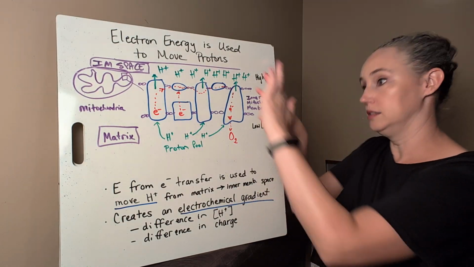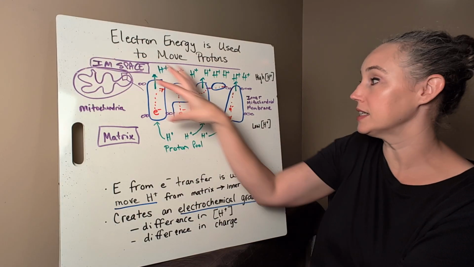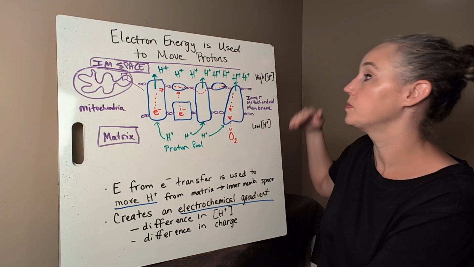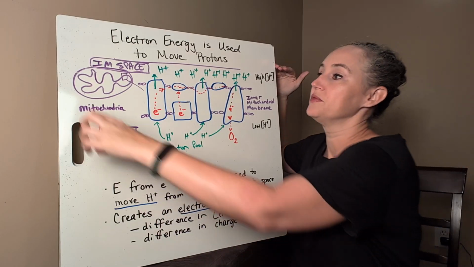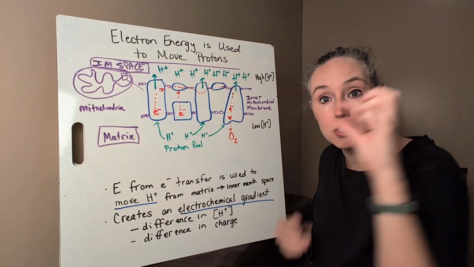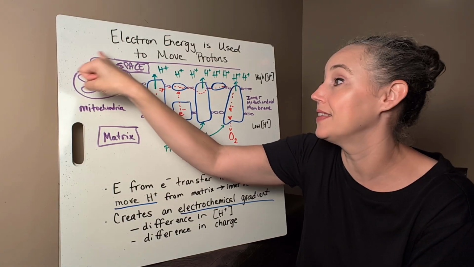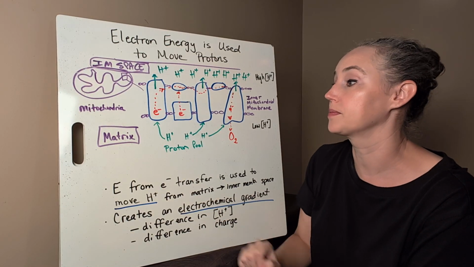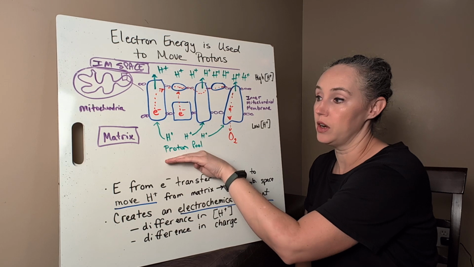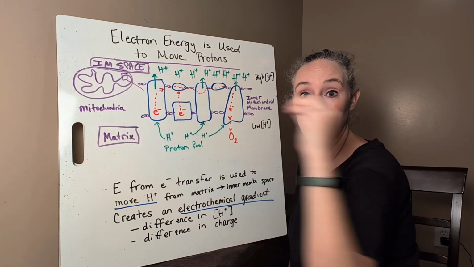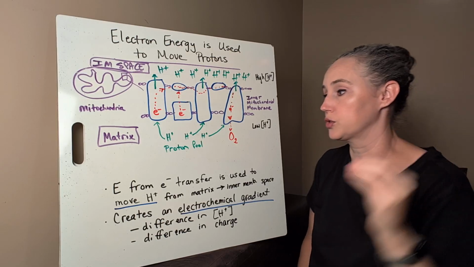So let me lay it out again. We're back at the inner mitochondrial membrane. Up here is the intermembrane space, the space between the inner membrane and the outer membrane of the mitochondria. And down here on my diagram is the matrix, the innermost part of the mitochondria.